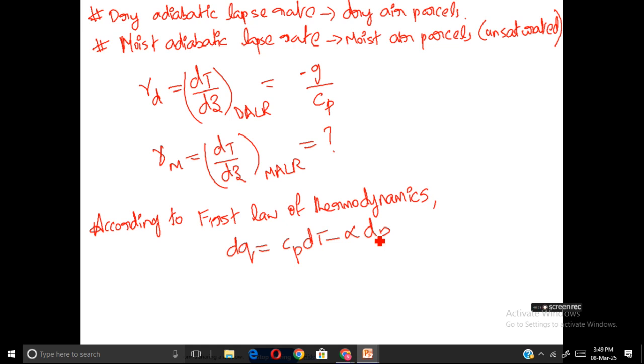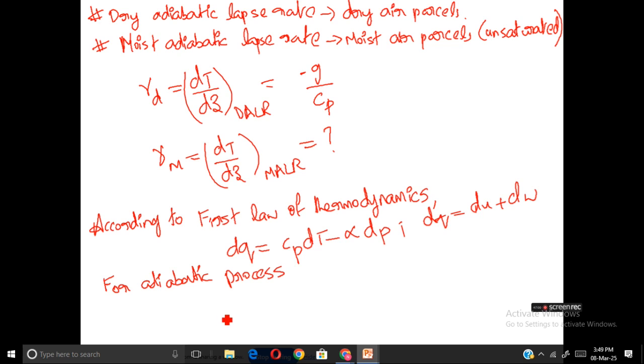If you remember, we learned three or four different forms of the first law of thermodynamics, which had the basic form dq is equal to du plus dw. So dq can be written as Cp dT minus alpha dp for an adiabatic process, since we generally consider most of the processes in the atmosphere to be adiabatic in nature.